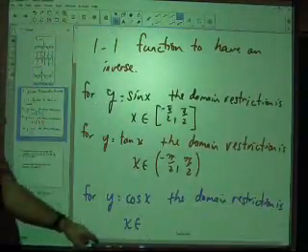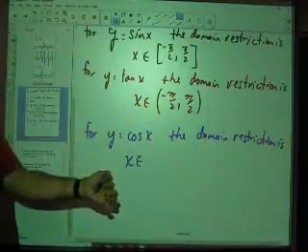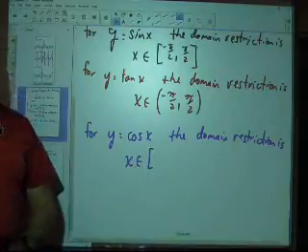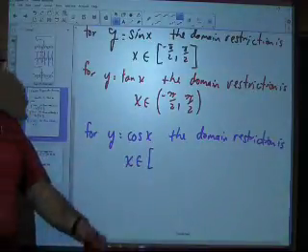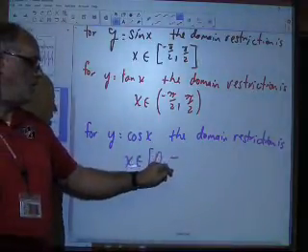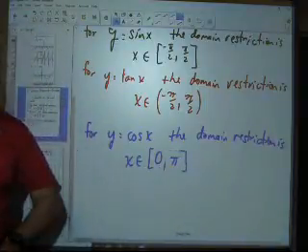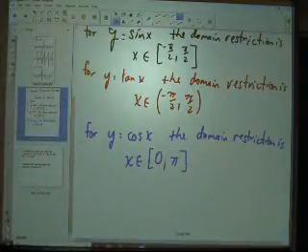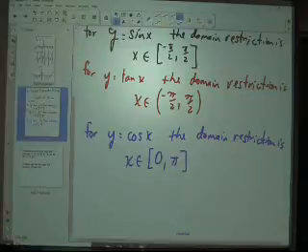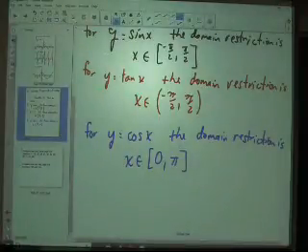So if I am thinking about a domain restriction for the cosine function, I'm going to include, again, the endpoints, because I don't have asymptotes, and 0 out to pi. There's my domain restrictions. Oh, why is this so important? What's significant about knowing the domain restrictions?